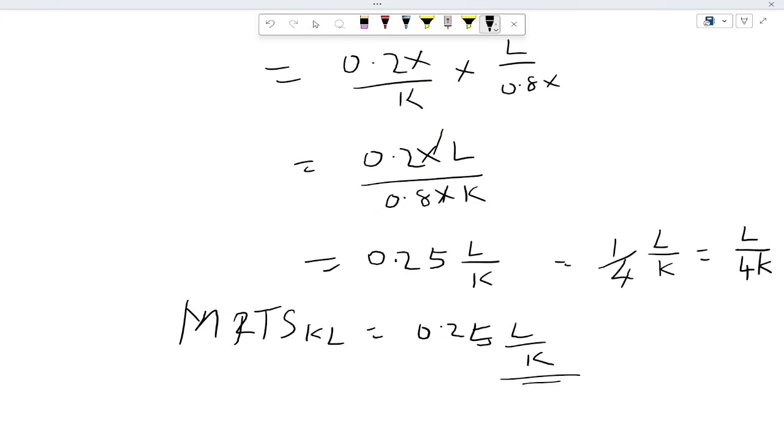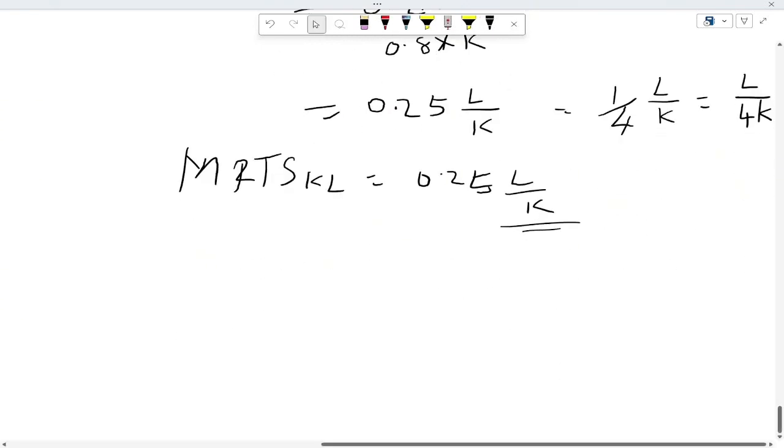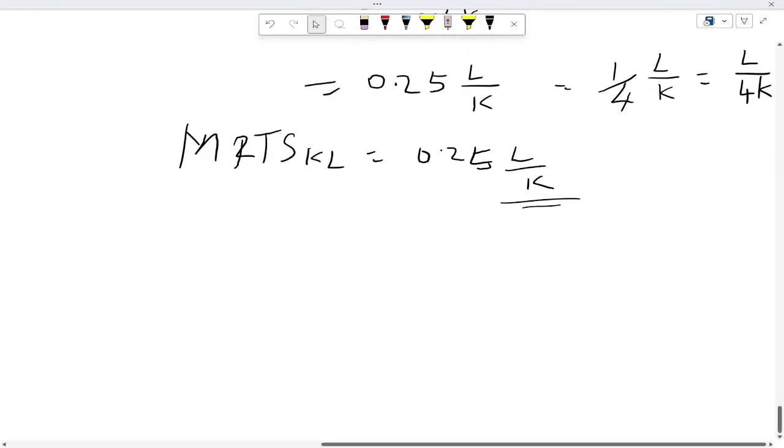Now, this is just the beginning of a very long journey. But if you are just asked to derive the marginal product of labor and marginal product of capital, and the marginal rate of technical substitution of labor for capital and of capital for labor, without any figure given to you, this is where you stop.